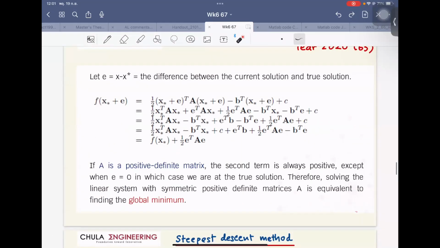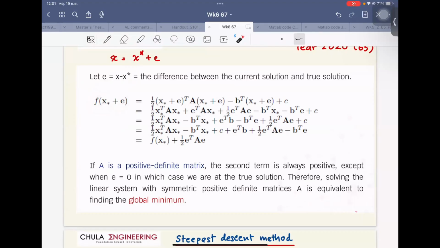This is the error vector, and x star is the true solution vector. So f at x, you can write x as x star plus e.